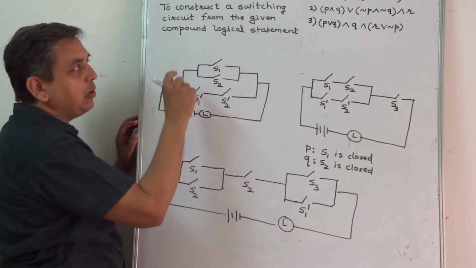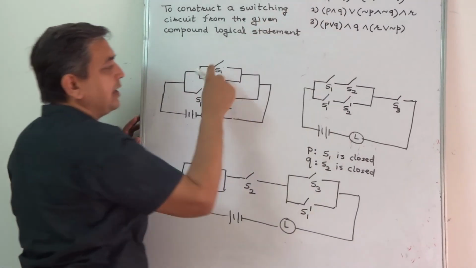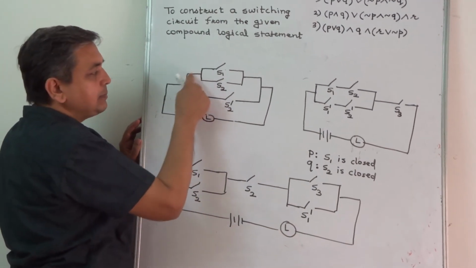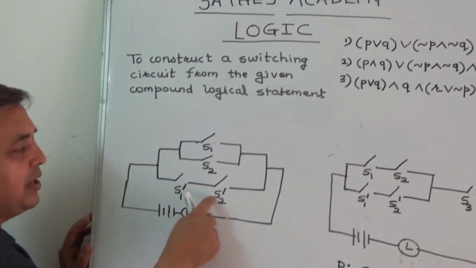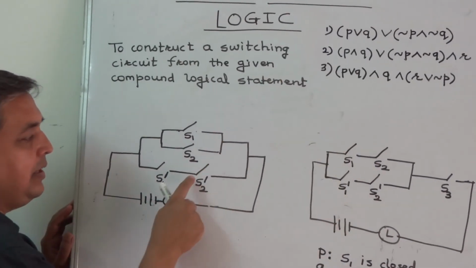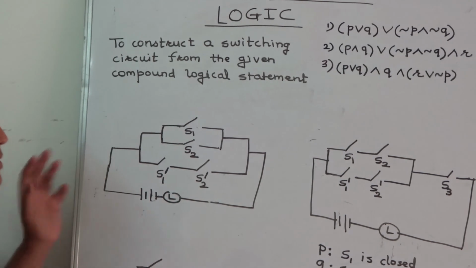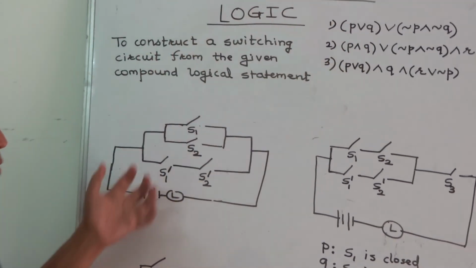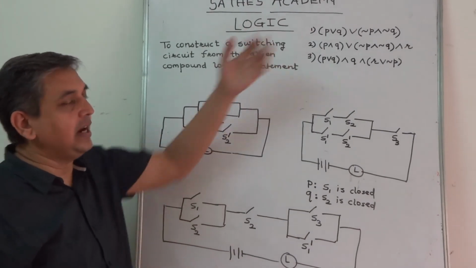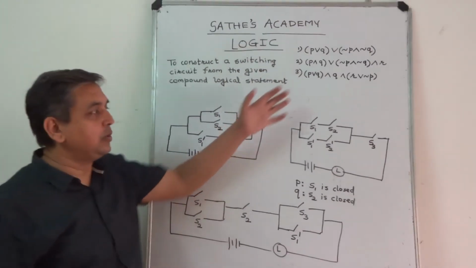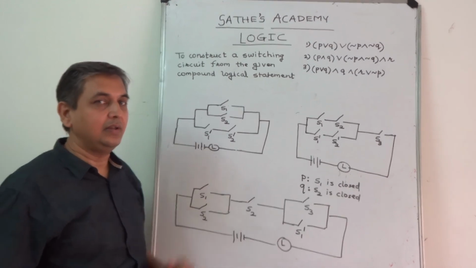Parallel is P or Q. It is written in the first bracket, P or Q. With this parallel combination, there is another series combination, S1 dash, S2 dash, negation P and negation Q. So as we draw circuits from the given statement, from the given circuits, we can write these statements. This you can check on your own. Thank you.